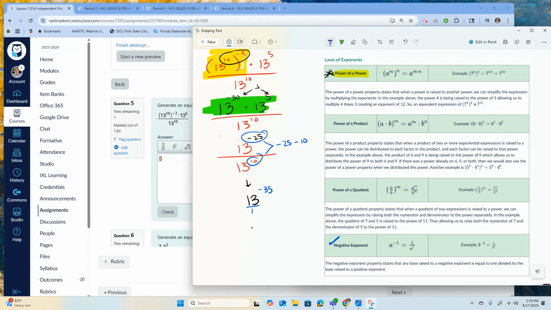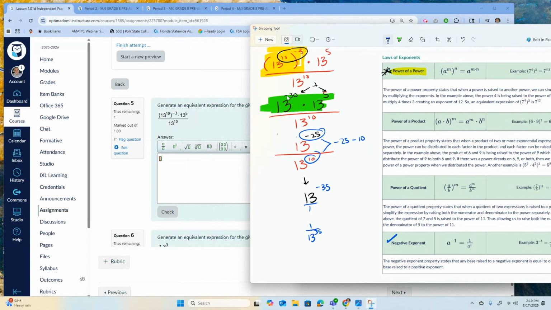If you flip that, that's going to be 1 over 13, and give back the exponent, 35, but positive. And that's your final answer. Don't try to do it in the calculator. You're going to get a really, really small number. That's all you have to put there because they're asking you to generate an equivalent expression. And that was problem number 5.